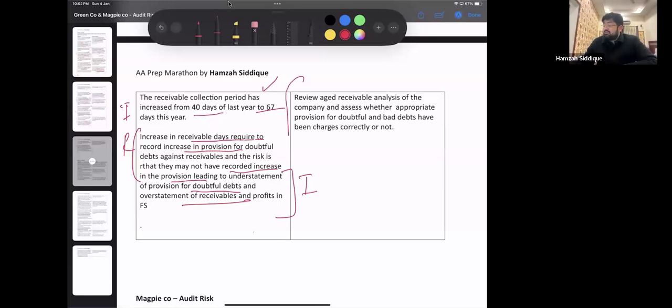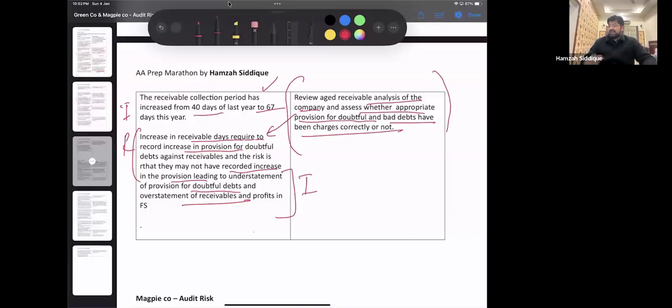Review the aged receivable analysis of the company and assess whether an appropriate provision for doubtful debts and bad debts has been charged. The aged receivable analysis will give an idea whether the amount is okay against them or not.